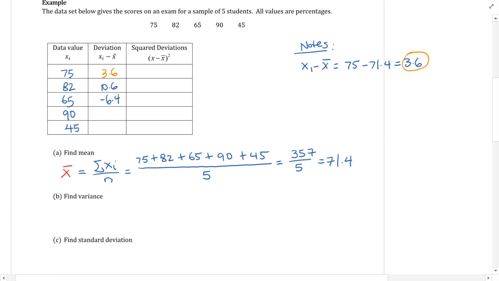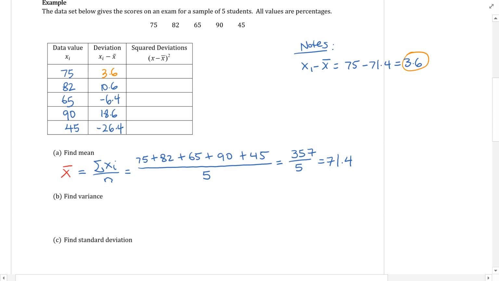And then 90 minus 71.4, which is 18.6. And then 45 minus 71.4, negative 26.4. Okay, so that's called a deviation.